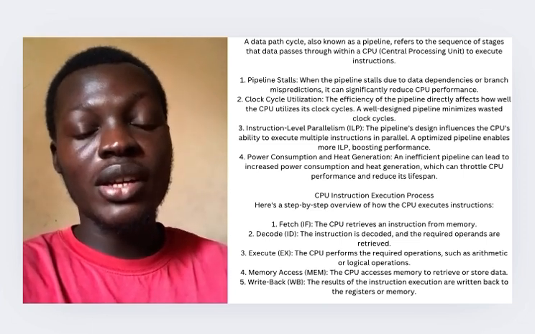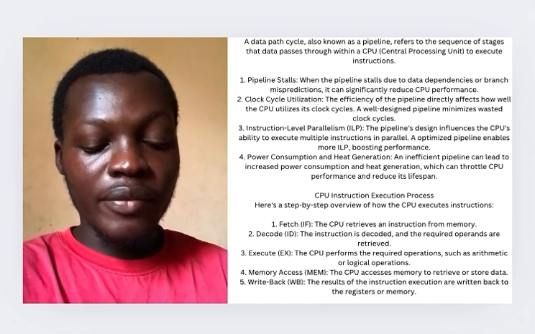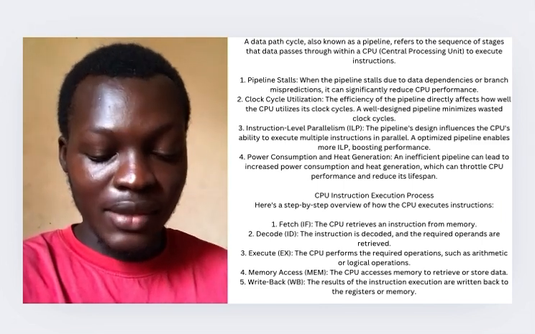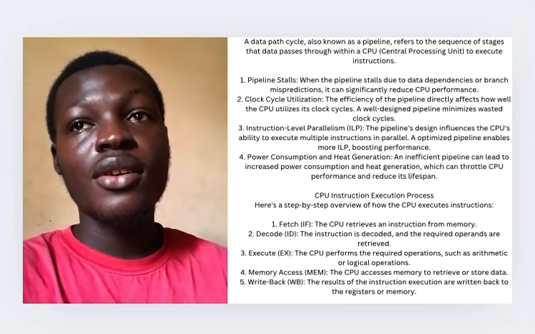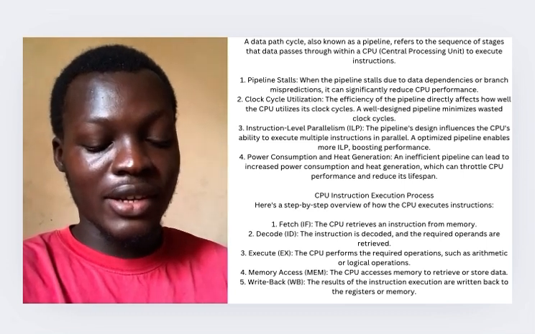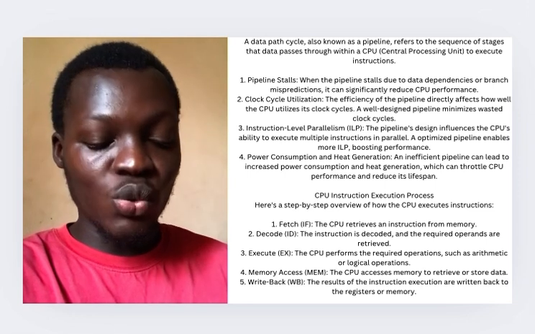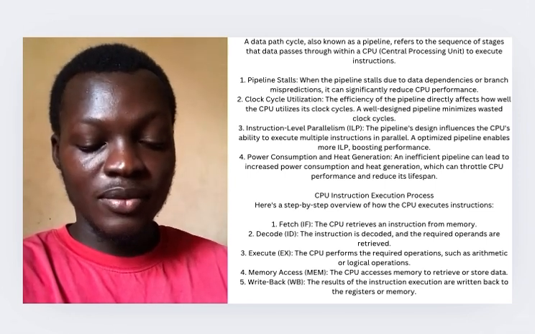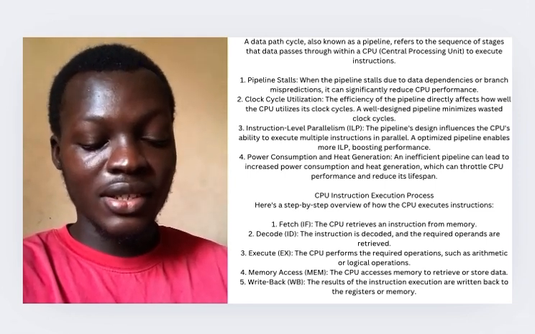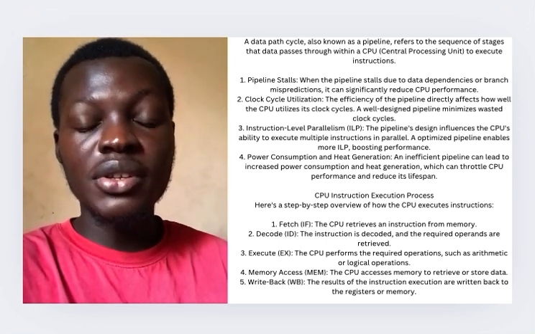And then we are looking at the next one, power consumption and heat generation. It says that an inefficient pipeline can lead to increased power consumption and heat generation, which can throttle the CPU's performance and reduce its lifespan.